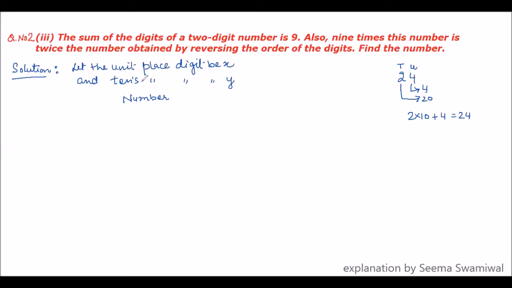Similarly, here the digit on tens place is y and the digit on unit place is x. Therefore, you will get the number by multiplying the tens place digit by 10, so it will be 10y, and add the unit place digit to it. So that means the number is 10y plus x. Let's read out the question.